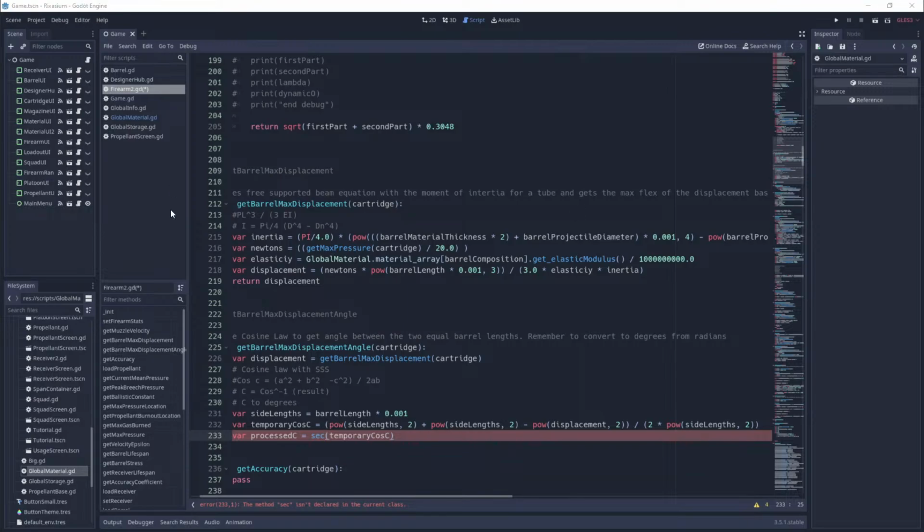How do I use arc cos? Arc cos. E10 2. What's A10 2?